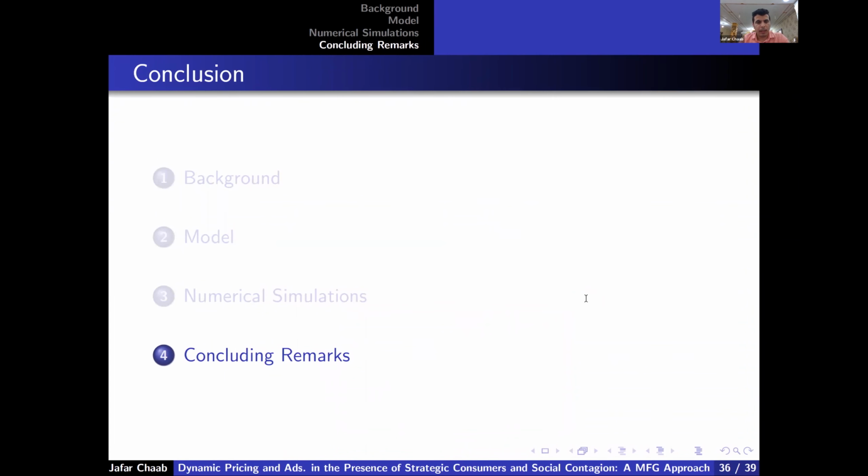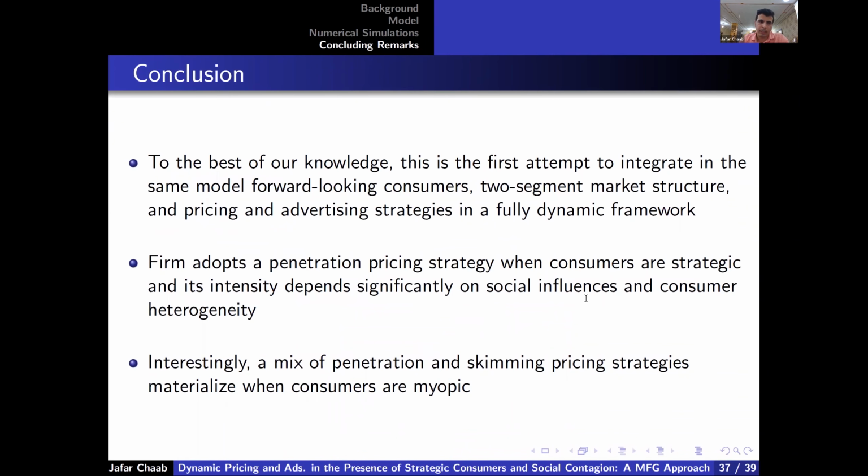So here are some concluding remarks and a few possible future directions. This is the first attempt to integrate in the same model forward-looking consumers, a two-segment market structure, and pricing and advertising strategies in a fully dynamic framework. We have found that firms adopt penetration pricing strategies when consumers are strategic, and the intensity depends significantly on the social influences and consumer heterogeneity, measured by the fraction of individualists to conformists.